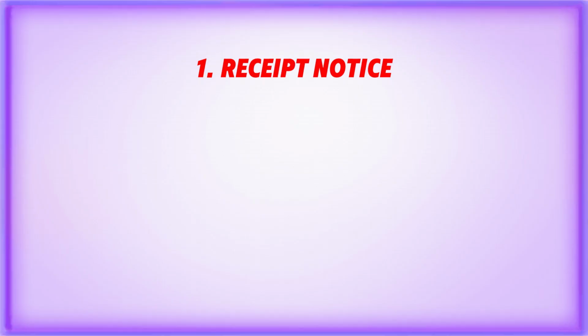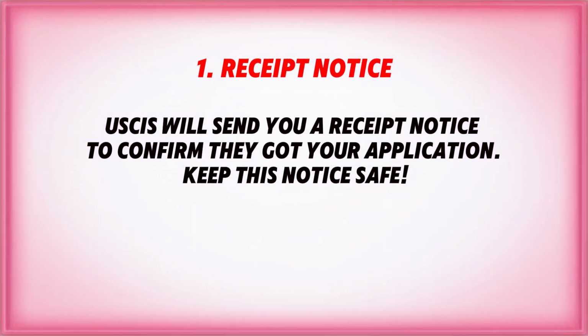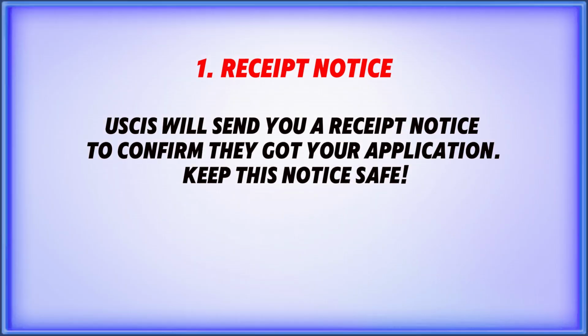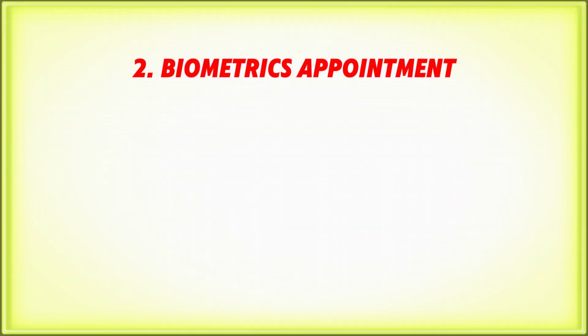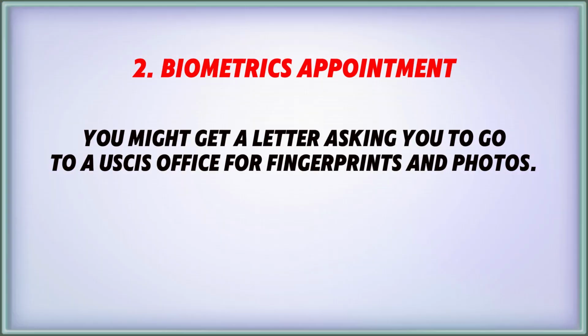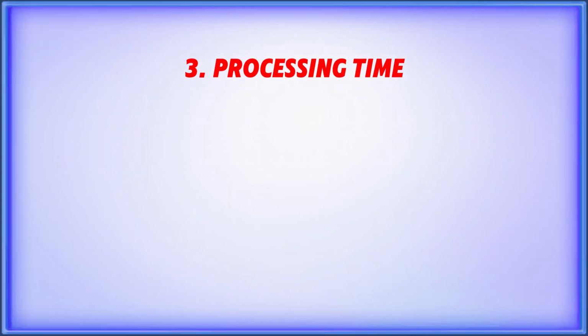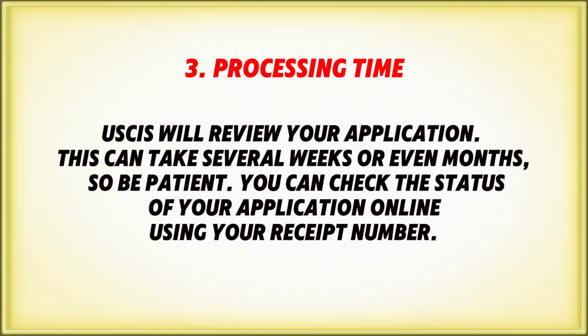After you submit or send your application to USCIS, here is what happens next. First, you will receive a receipt notice. USCIS will send you a receipt notice to confirm they got your application. So keep this notice safe. The second one is the biometric appointment. You might get a letter asking you to go to a USCIS office for fingerprints and photos. Third, processing time. USCIS will review your application. This can take several weeks or even months.